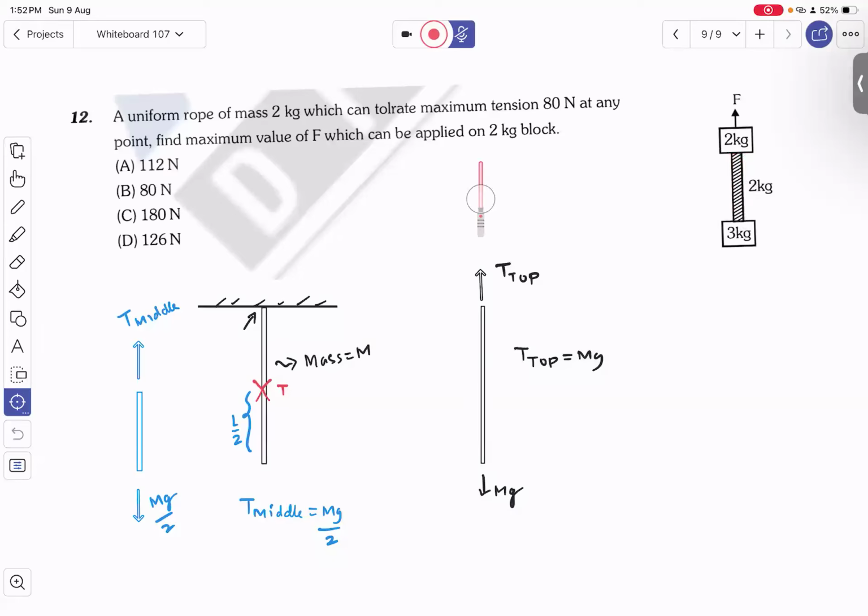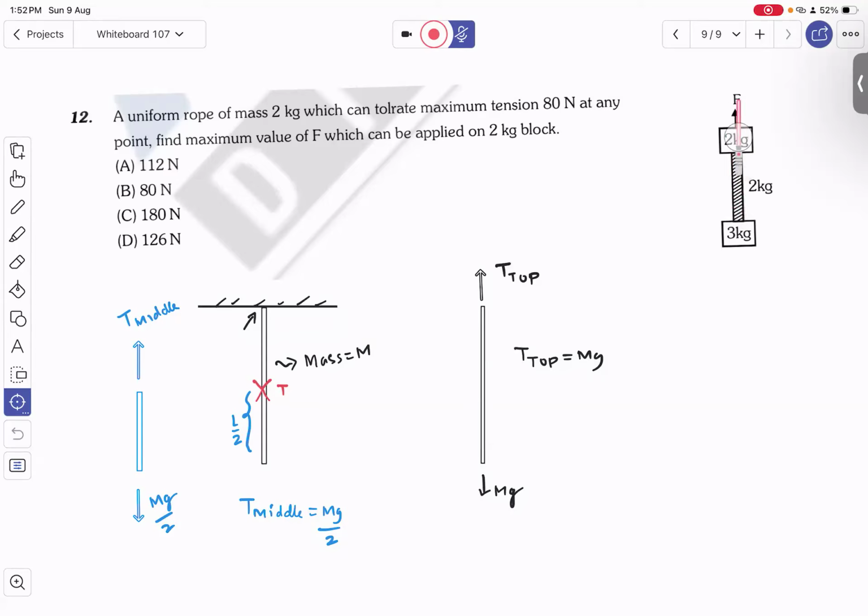So if the tension at the topmost point is less than 80, then it is guaranteed that the tension at every other point will be less than 80. Correct, no? So I should find out under what circumstance the tension at the top will become more than or equal to 80, or we will find under what circumstance the tension will be equal to 80.